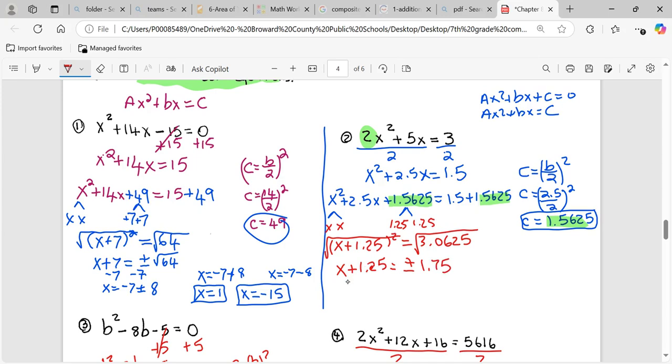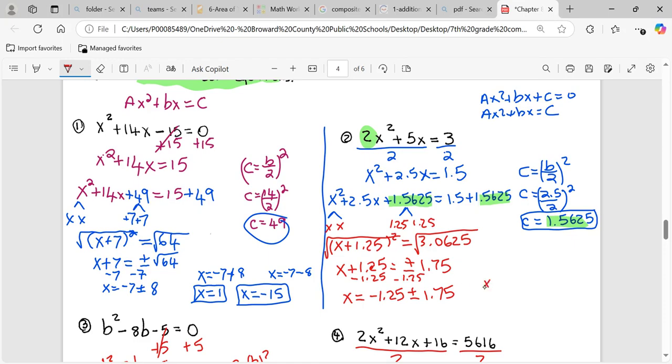So now to get x all by itself, I need to subtract 1.25 on both sides, so that my x is equal to negative 1.25 plus or minus 1.75.